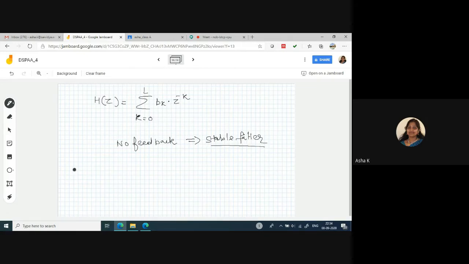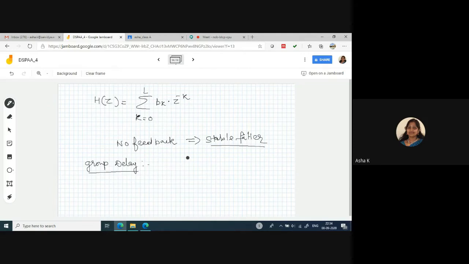A symmetric coefficient FIR filter provides linear phase and constant group delay. So group delay calculation is possible in the case of FIR filters. This property makes the FIR filter suitable for applications that cannot tolerate phase distortion.